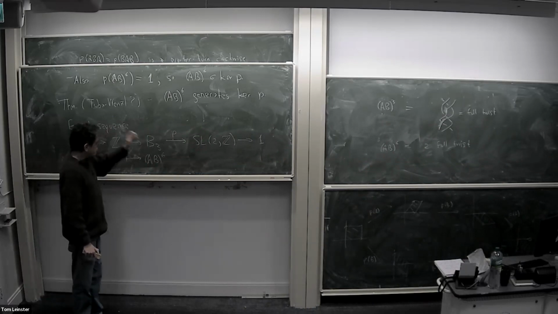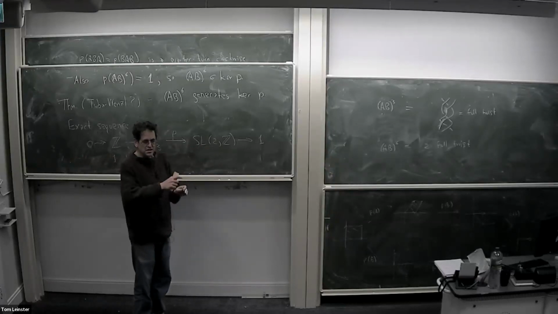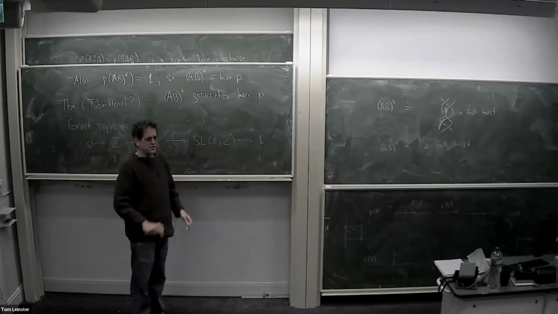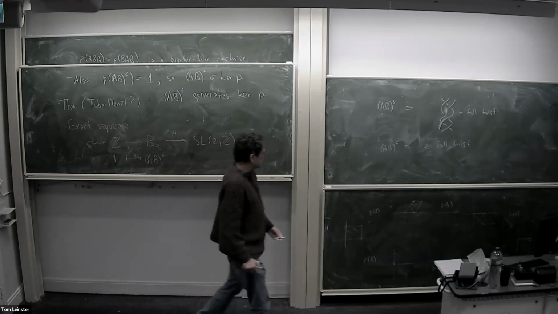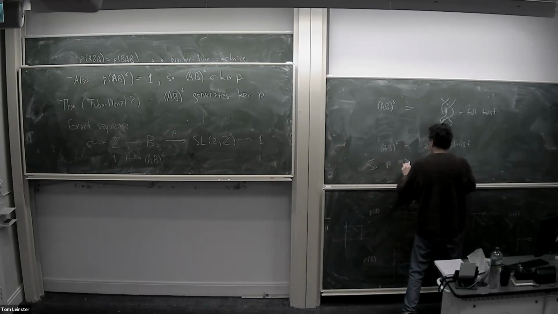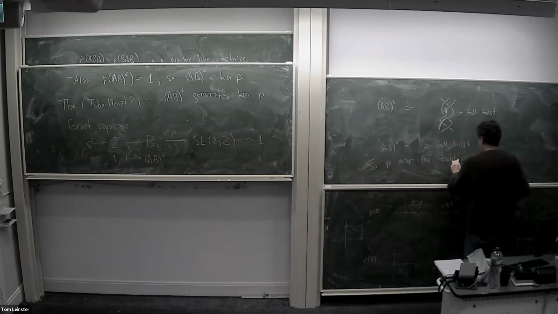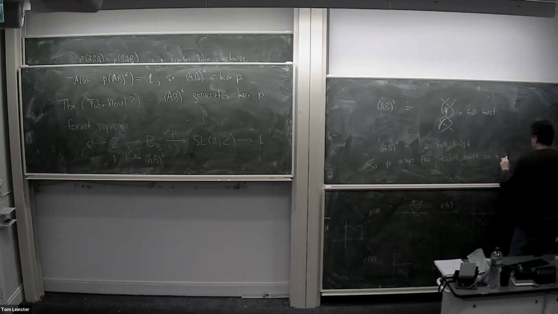You have to turn the braid around 2 times to get your matrix to be a 360-degree rotation, i.e. the identity. So P maps the double twist, 2 full twists, to a 360-degree rotation, which is just a fancy way of saying the identity, of course.